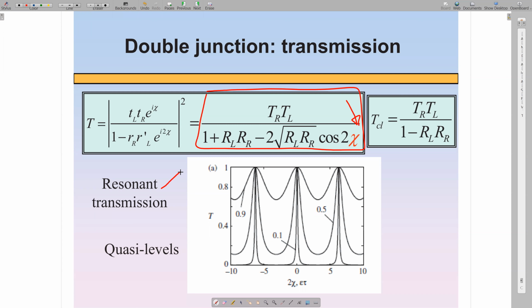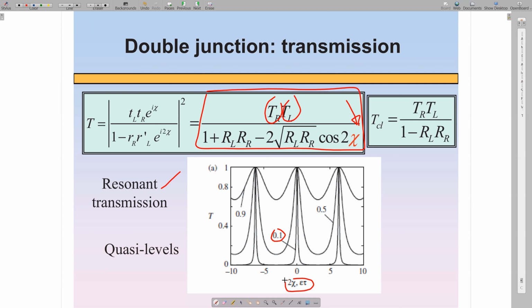Let me plot this transmission for equal transmissions left and right, for different values of these transmissions. I plotted versus chi. Simultaneously, I can recall that phase depends on energy, so it could also be a plot for different energies. Transmission coefficient which depends on energy.